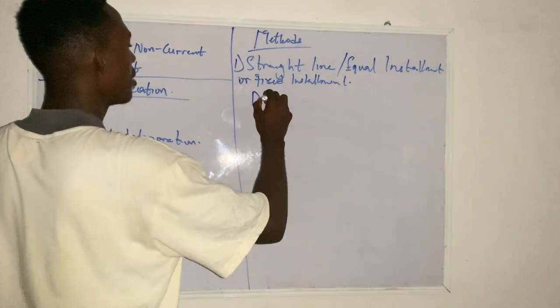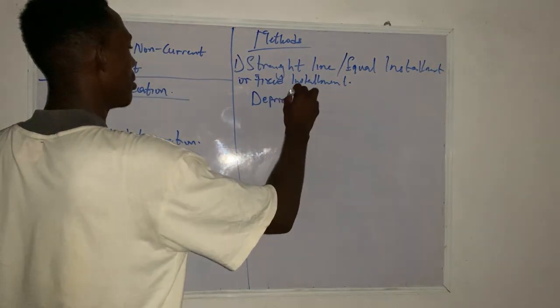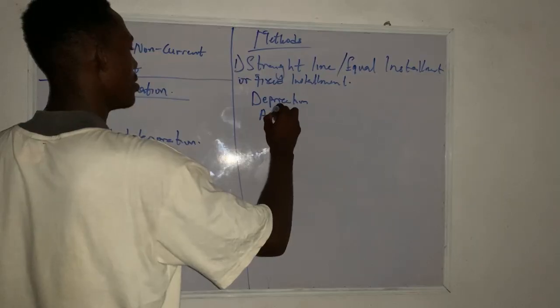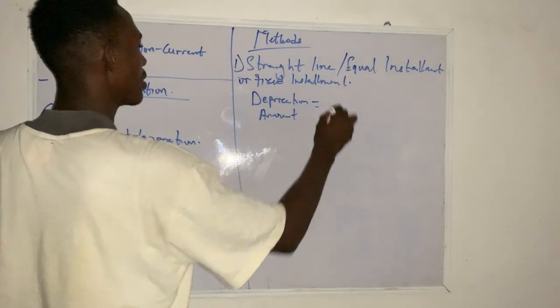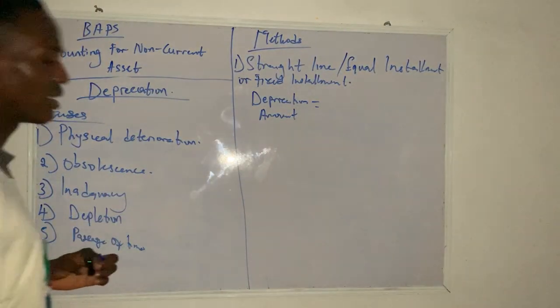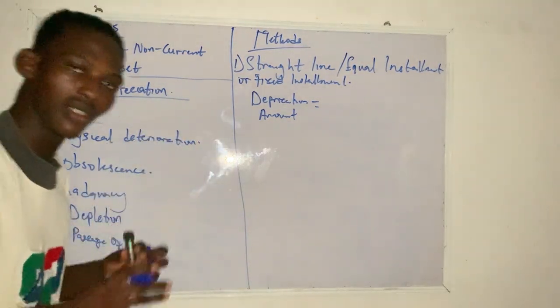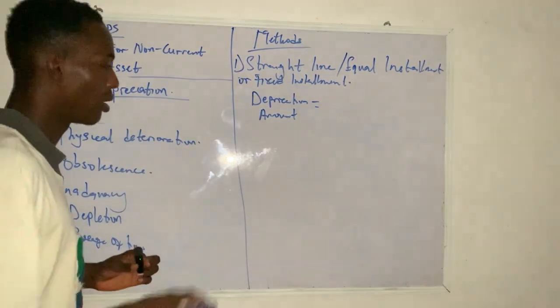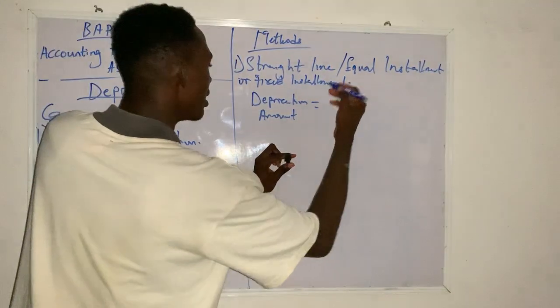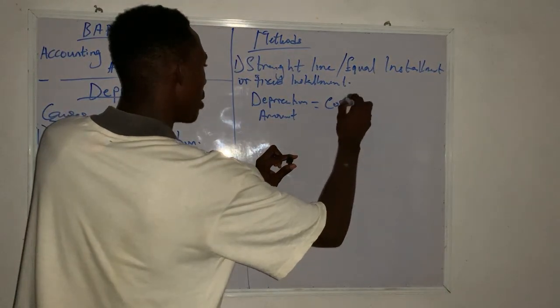So our depreciation amount under straight line method is in two ways. They either give you the percentage at which you are depreciating it. If they did not give you the percentage, then you get your depreciable amount yourself.